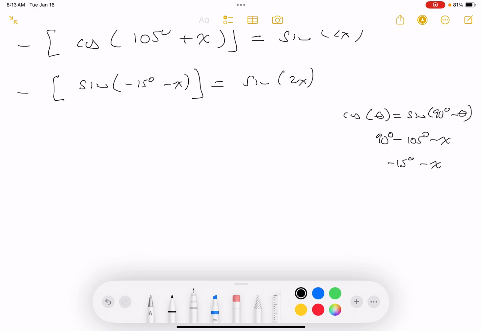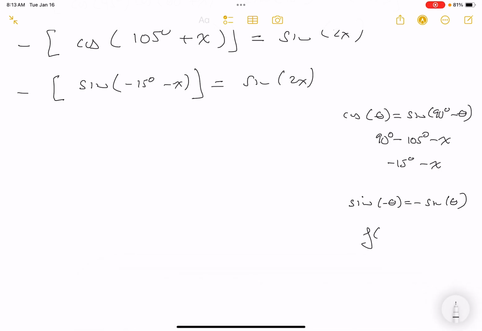Well, I'm going to use an even-odd identity, that the sine of minus theta would be minus sine of theta. Make sure that's true, by the way. F of theta, I know it's an odd function, right? F of theta would be minus f of minus theta.